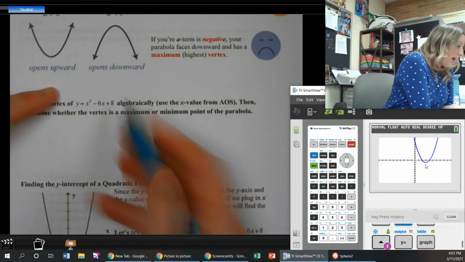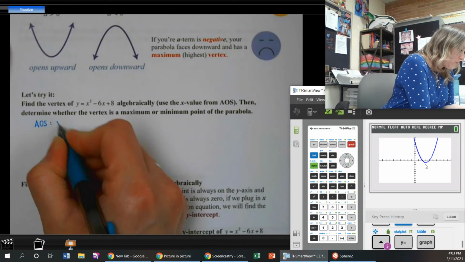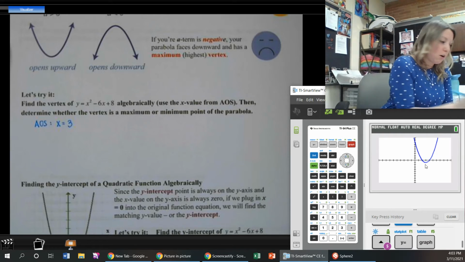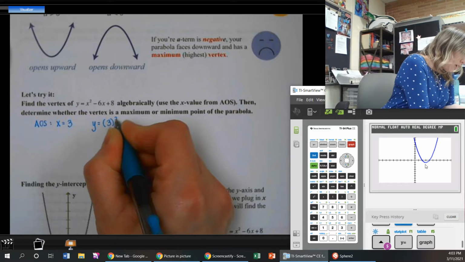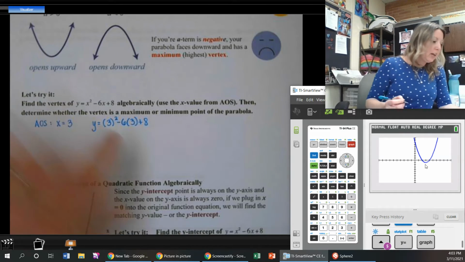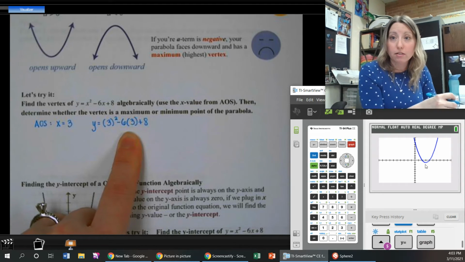So we had from the front the axis of symmetry of this function being x equals 3. So what we're going to do now is we're going to replace x with 3 in the equation to find the matching y value. And so really algebraically, that's the only step you need to show me.